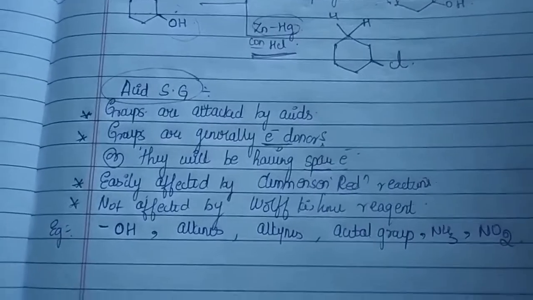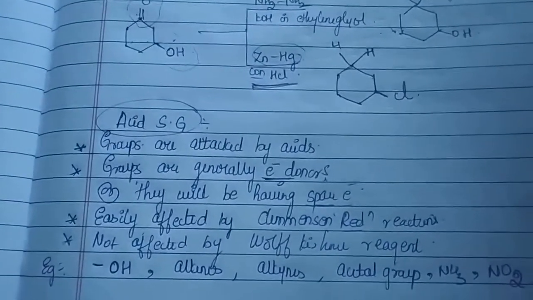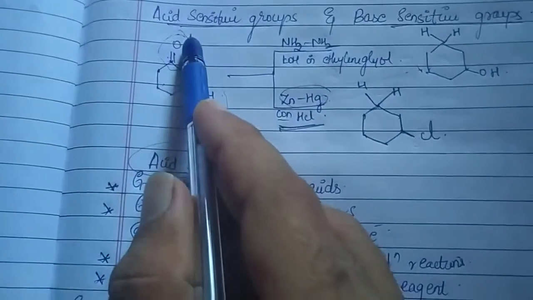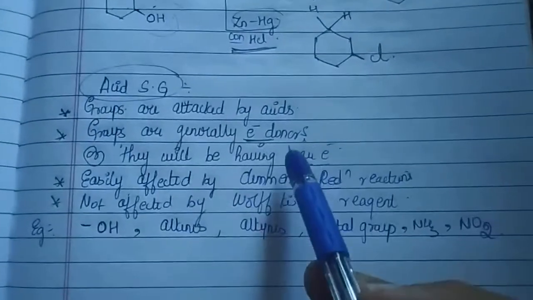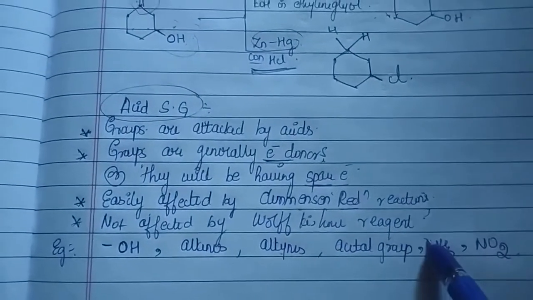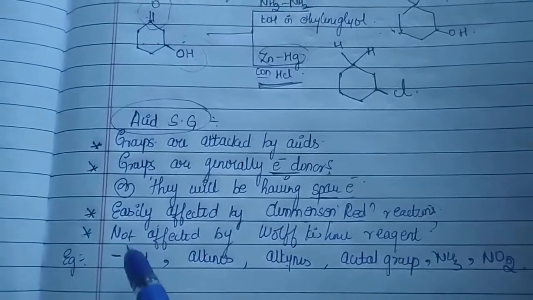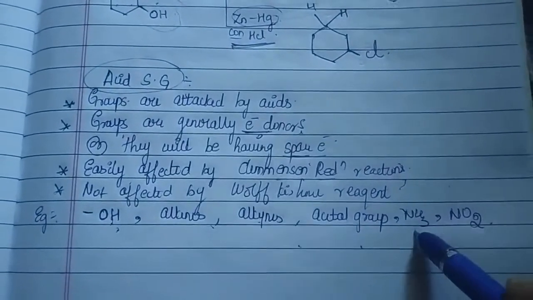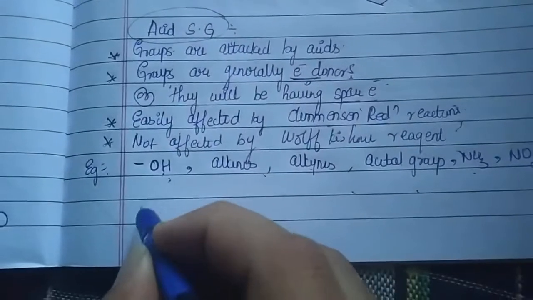But if you want only the carbonyl group to be reduced, and the acid sensitive group to remain intact, instead of doing the Clemmensen reduction you have to do the Wolff-Kishner. So examples of such acid sensitive groups are OH, alkenes, alkynes, acetal groups, NH3, NO2. Is that clear?